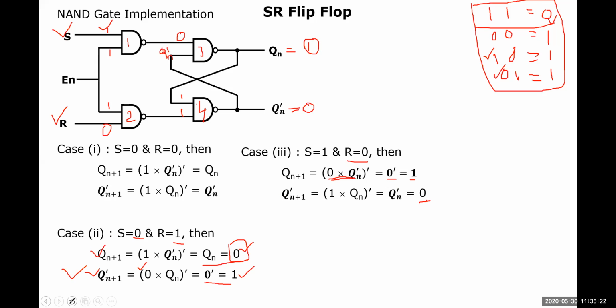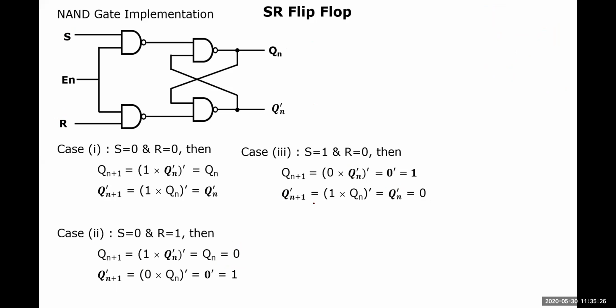And finally, it's very important to observe this final operation. This value is 1 and this value is 1. Obviously, enable value is also equal to 1. As and when 1, 1 is supplied to a NAND gate, the output must be 0.